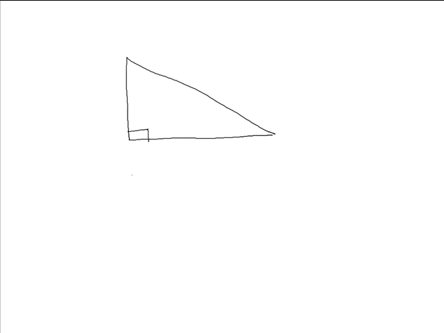So we can use our Pythagorean theorem, or algebraically, a squared plus b squared equals c squared, to find a missing side. It doesn't have to be the hypotenuse. In this example, it just happens to be. We could also find a missing leg if we happen to be missing one of those and we had the hypotenuse. But let's take a look at this problem.